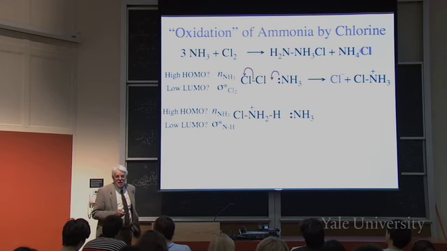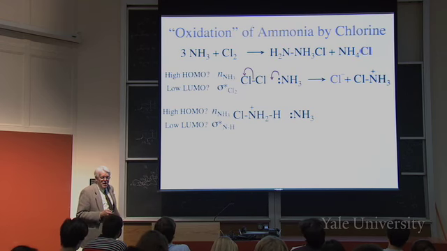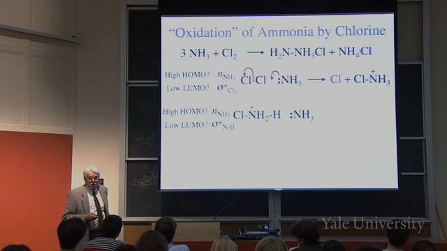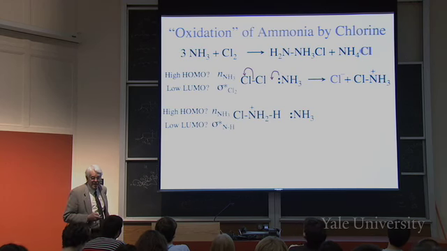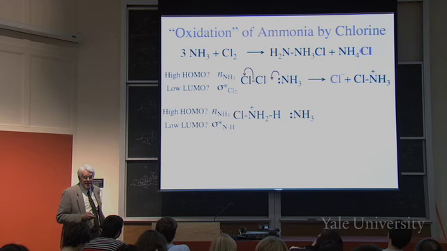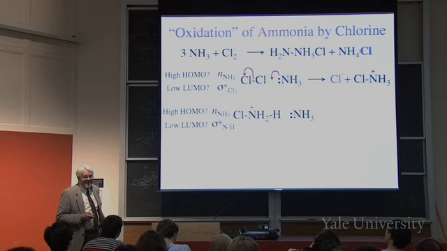Now, Corey, tell us how to draw a curved arrow to show this. Where's the curved arrow going to start? On the lone pair of the nitrogen, and where will it end? In between the N and the H. And what else will happen? Which bond?